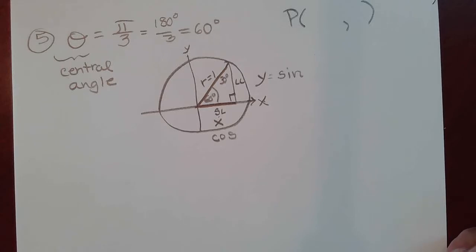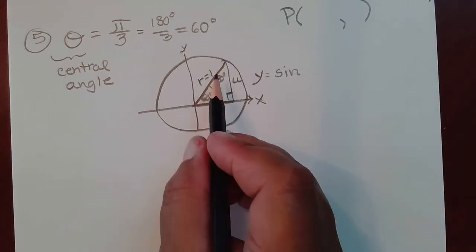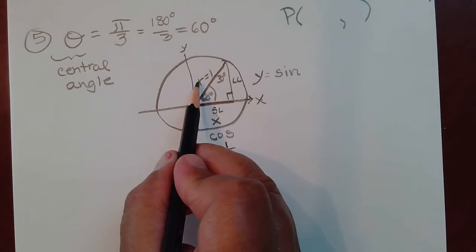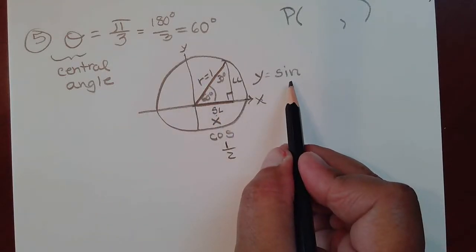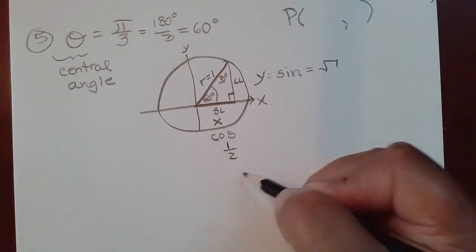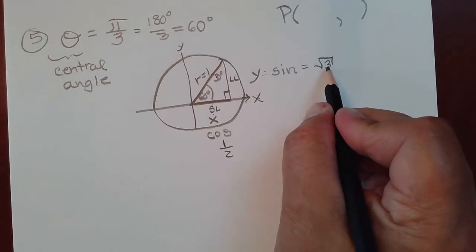So anyway, there are values that go specifically with a 30, 60, 90, which is what this section's about. Your short leg is always 1/2 of the hypotenuse, and your long leg is always square root of 3 times this short leg, or in other words, square root of 3 over 2.